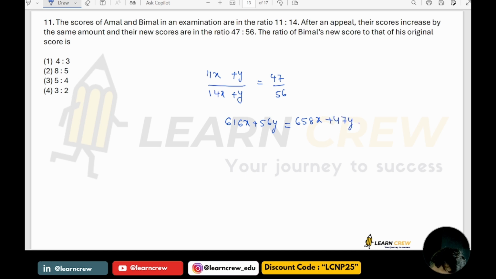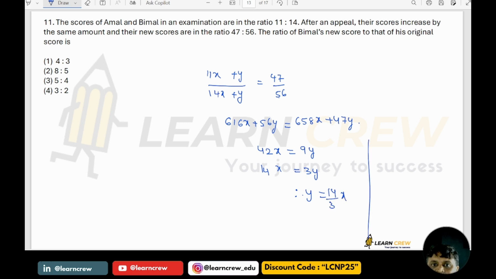Now from this, what am I going to get? 658 minus 616, which is 42x. 56 minus 47 is 9y. So x is equal to... you can say 14. 3 14s are 42. 14x is equal to 3y. Therefore, y is equal to 14 by 3 into x.